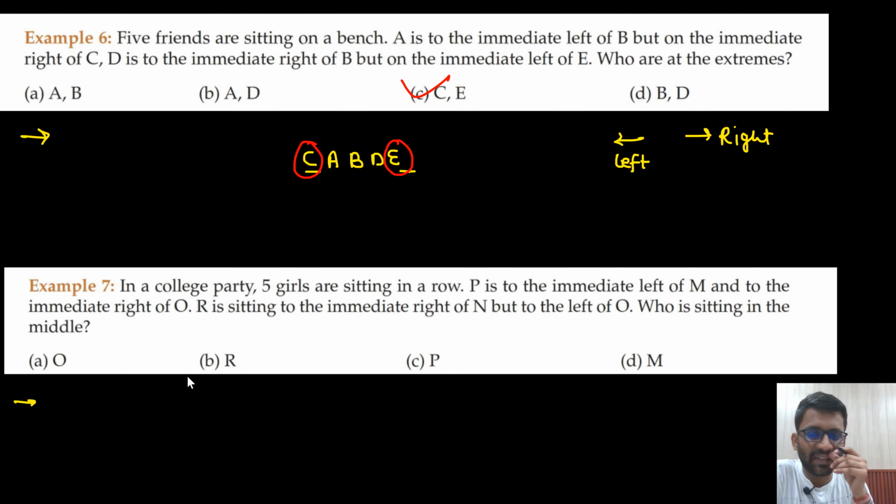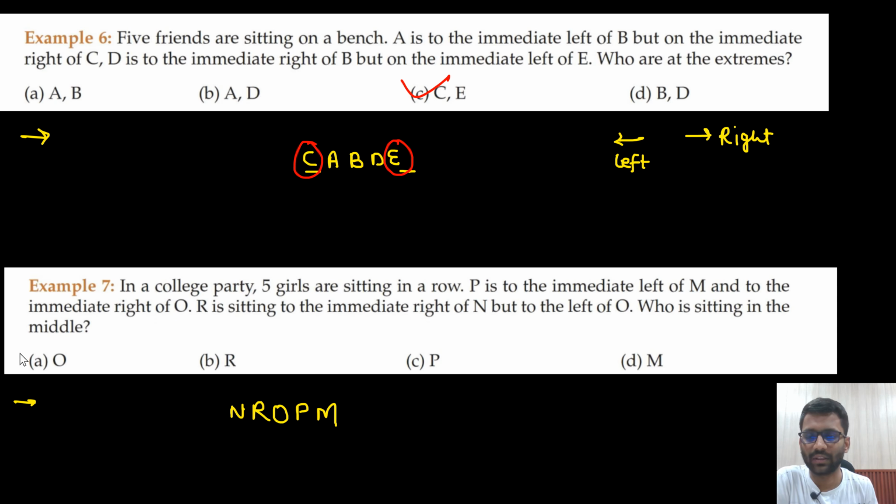In a college party, 5 girls are sitting in a row. P is immediate left of M. Left of M is P. And to the immediate right of O. Right of O is P. R is sitting immediate right of N. Right of N is R. And R is sitting to the left of O. This is the left of O. This is R. That means this would have been N. Who is sitting in the middle?